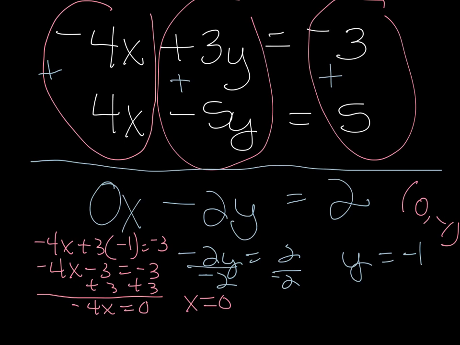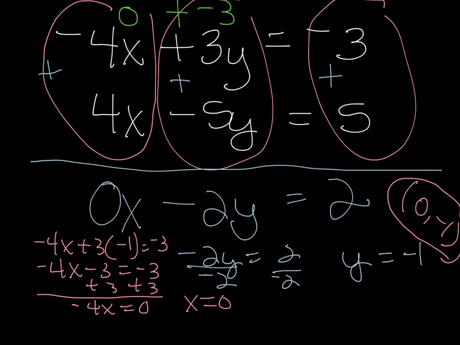Now the one thing you got to make sure of is that you write the answer in the correct form. We want to go x then y. Now of course we always check our systems to make sure that we're right. So if I take 0, negative 1 and plug it back into each equation, it should work. In the top equation, negative 4 times 0 is 0. And plus 3 times negative 1 is negative 3.